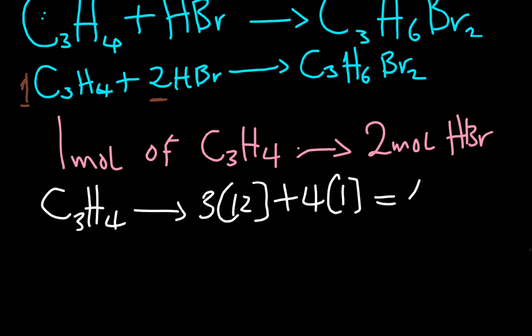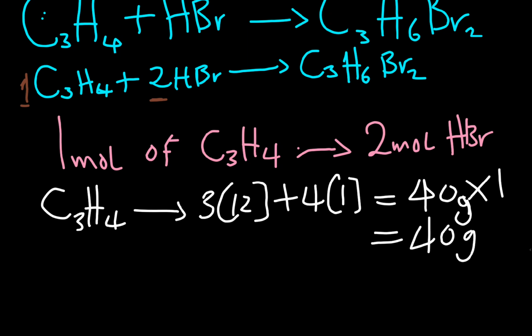So we get 40 grams. Next is the molar mass of hydrogen bromide, but this time we'll multiply it by the number of moles. Note, if we say 40 grams times 1 mole, we'll still arrive at 40 grams.